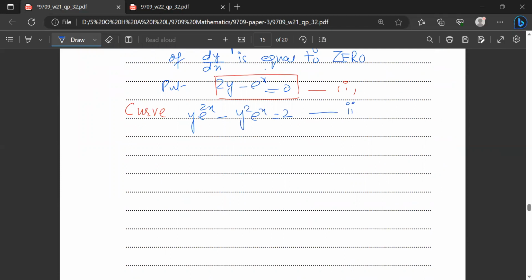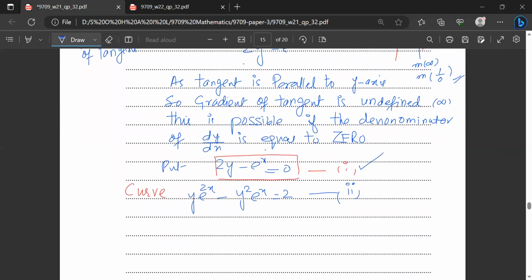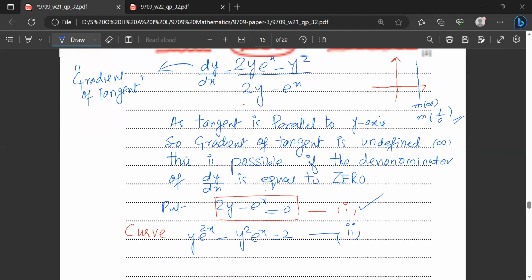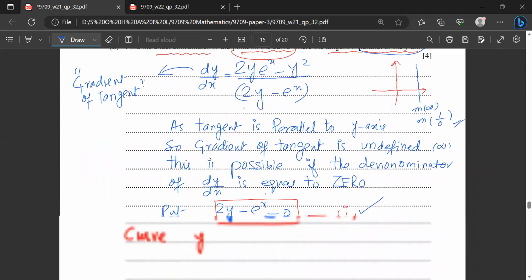This is the curve, and the other is the equation which we are obtaining by equating the denominator to 0. Why denominator equals to 0? Because the tangent is parallel to y-axis. The gradient is undefined, so if the gradient is undefined, means 1 over the denominator must be 0. This is the important point here.